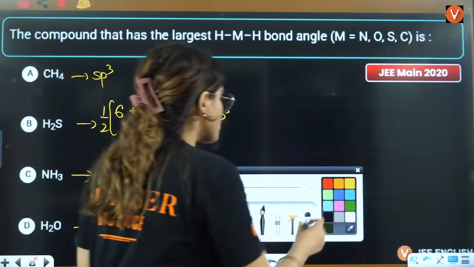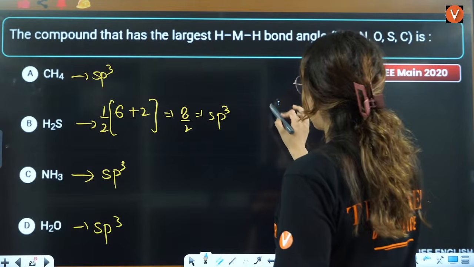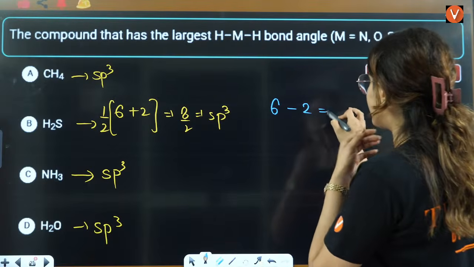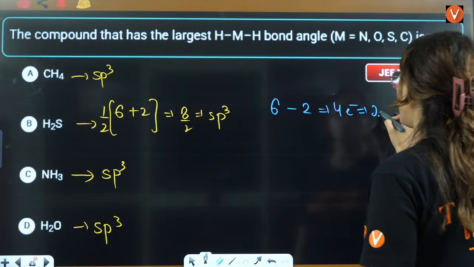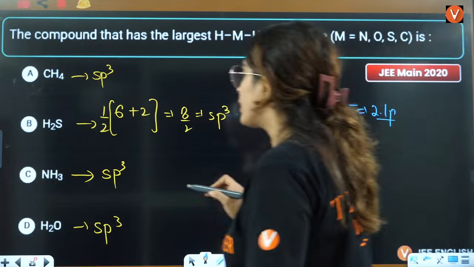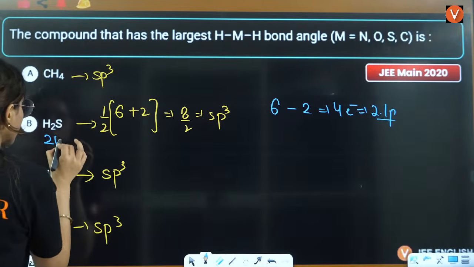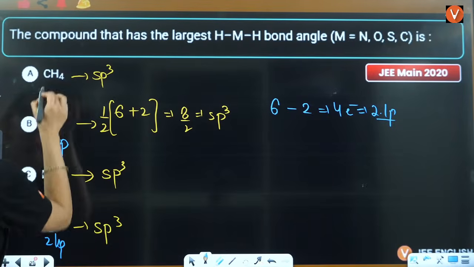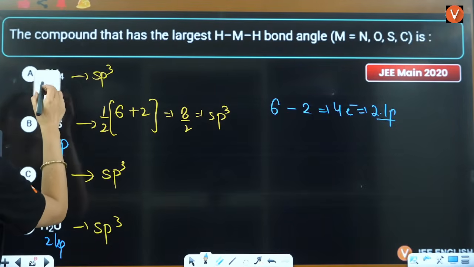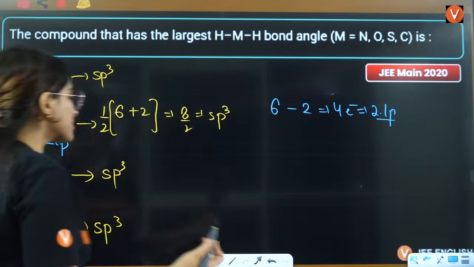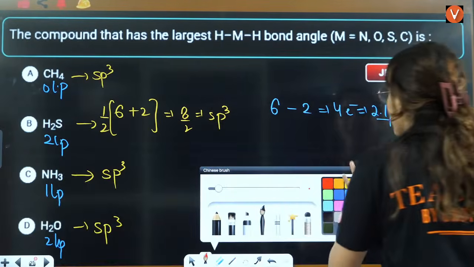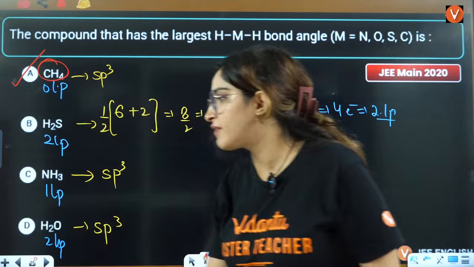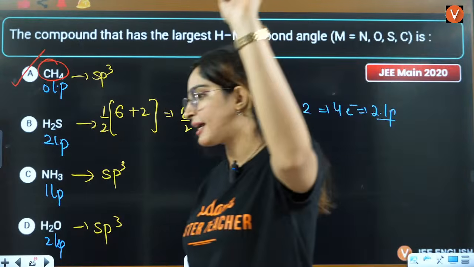How many lone pairs do you have? Sulfur is 6 and here 2 are involved, that means 4 electrons, that means 2 lone pairs. So here you have 2 lone pairs, here 1 lone pair, here 2 lone pairs, here 0 lone pair. If hybridization is same, see which one has the least number of lone pairs. That is this one, so the answer will be CH4.